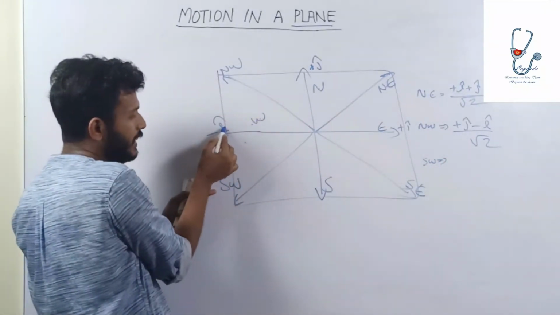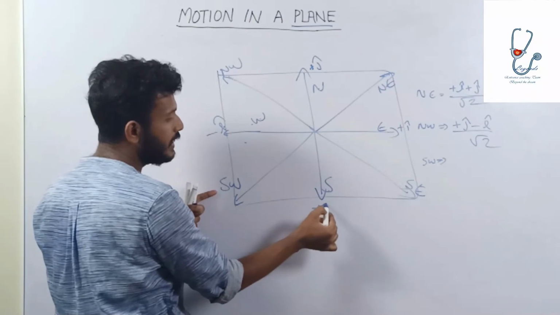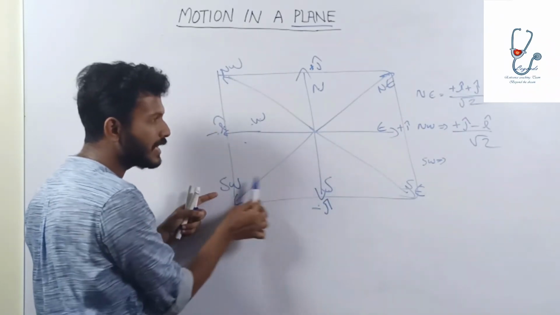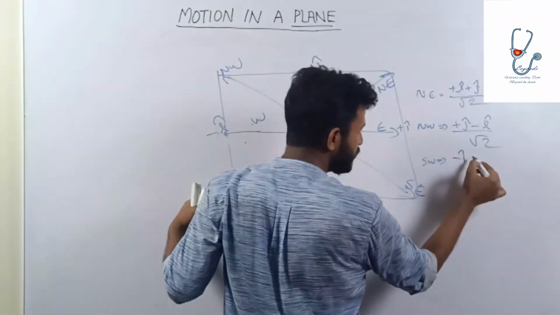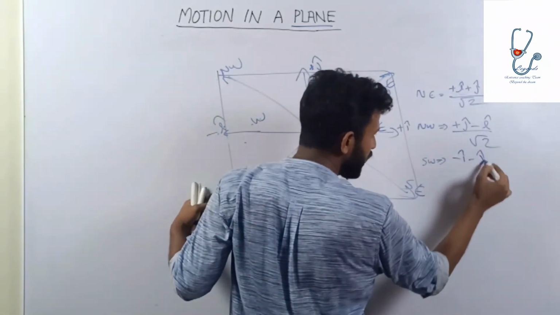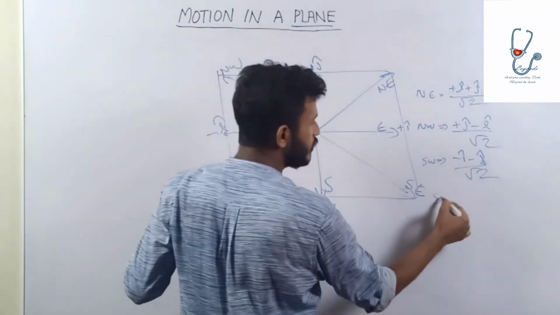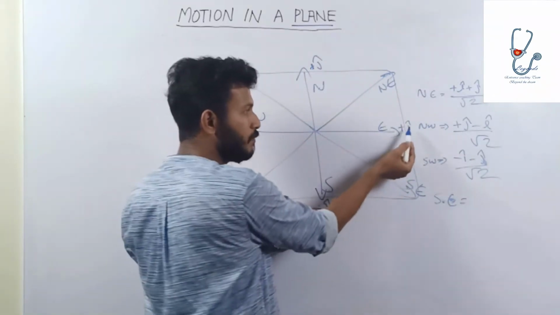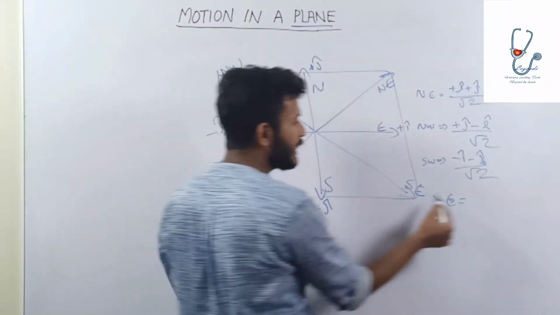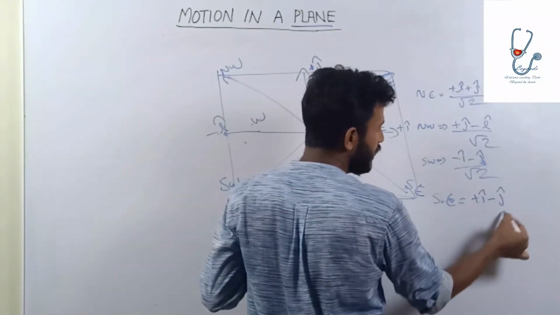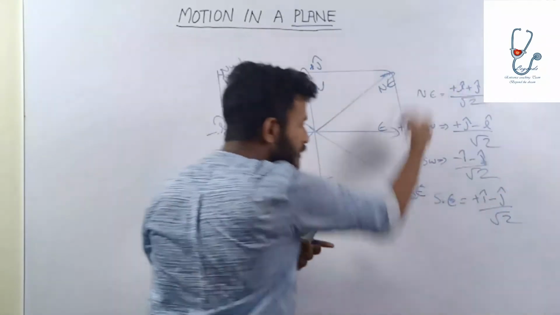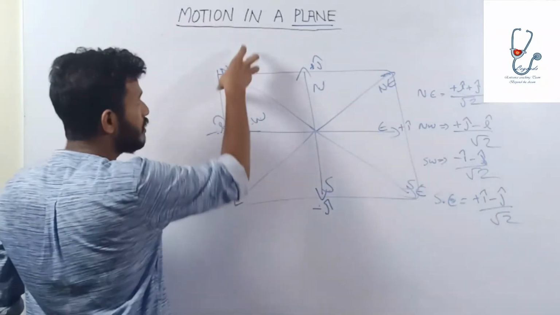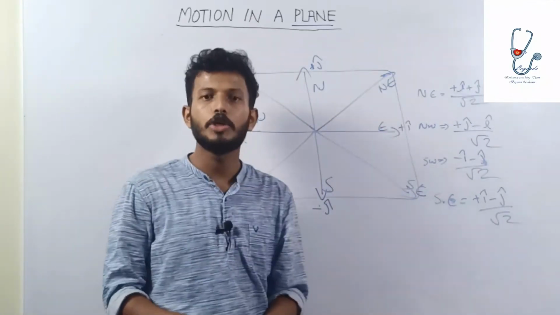West is minus I cap, south is minus j cap, so minus I cap minus j cap by root 2. And the last one, southeast: plus I cap minus j cap by root 2. These are the representations of northeast, southeast, southwest and northwest directions by using unit vectors.